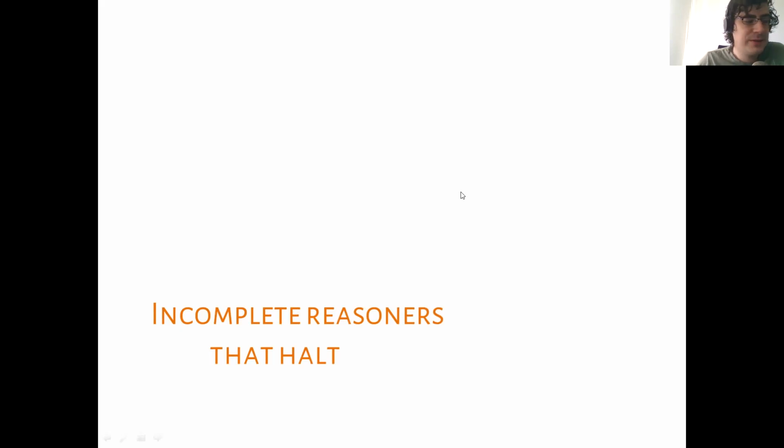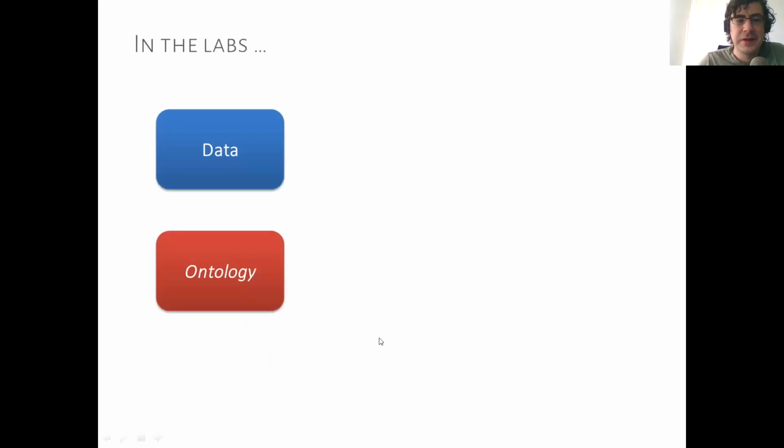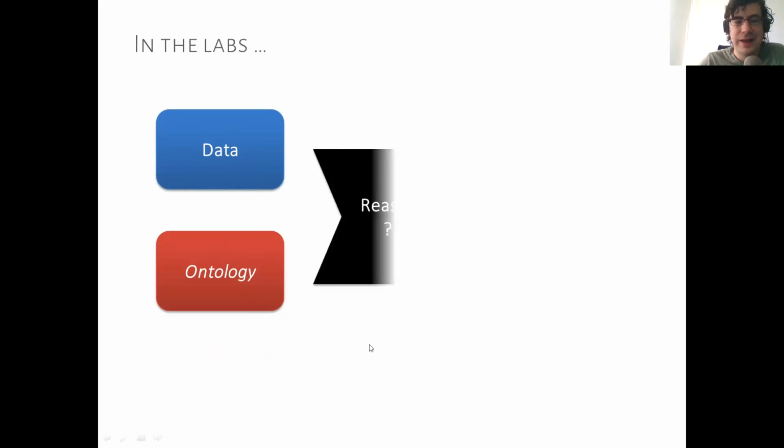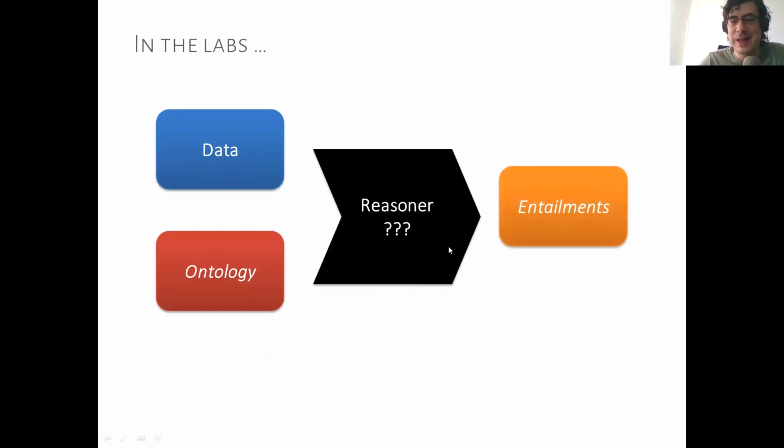Okay, so let's look at the first option, incomplete reasoners that halt. In the labs, we were taking RDF data and our ontology, and we were using some black box reasoner to do some magic, and then it would produce the entailments, and we would check that the entailments matched what we looked for in the question. And if we were happy with that, then we had our answer.